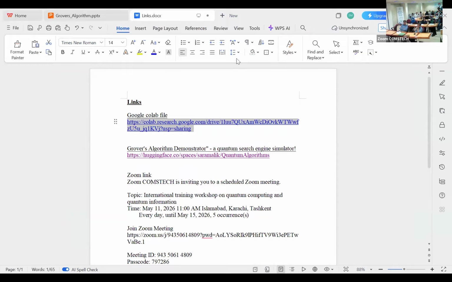I've shared the link. If you have laptops, you can open it so that I can explain the code of the Grover algorithm.